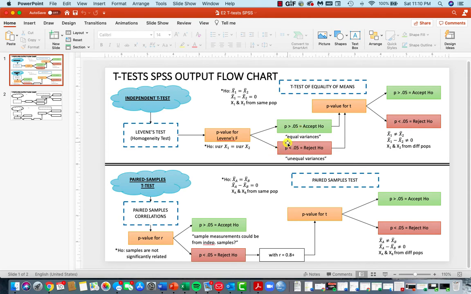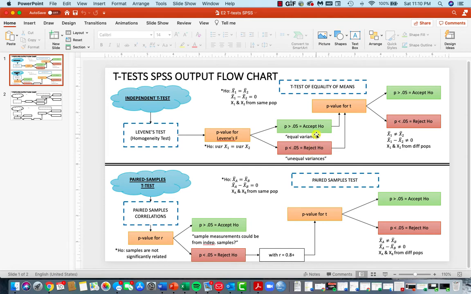In the case that we have p-values for Levene's test that are less than 0.05, that would indicate we have to reject the null hypothesis for Levene's test, in which case we would say we have unequal variances, or we can't assume that we've met the homogeneity of variance assumption.